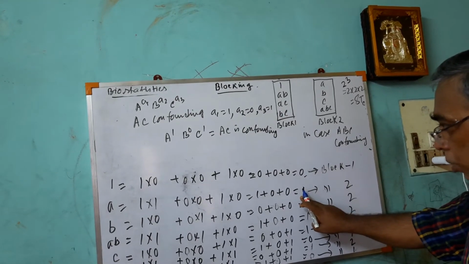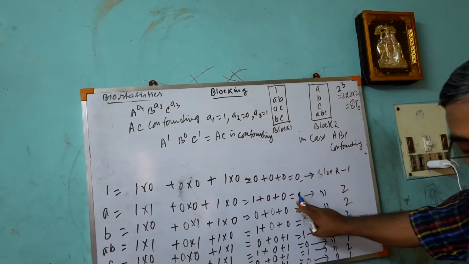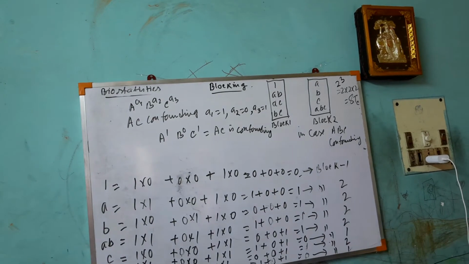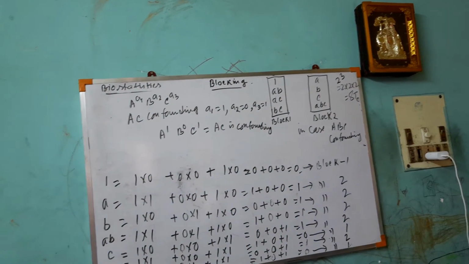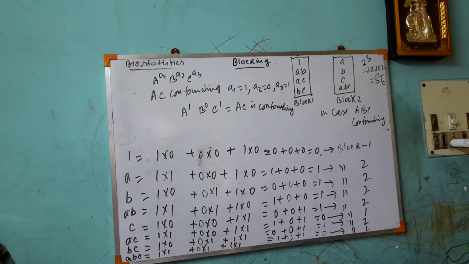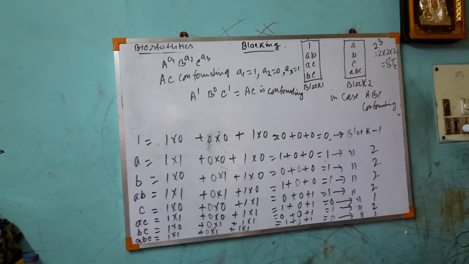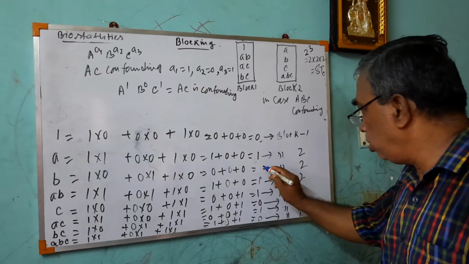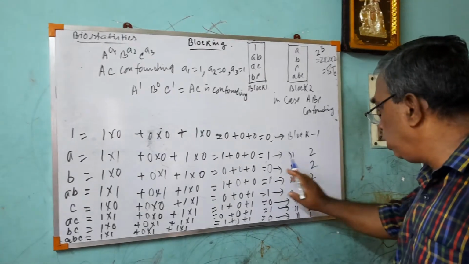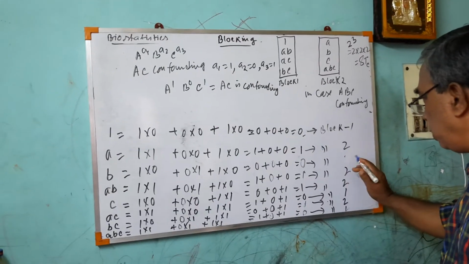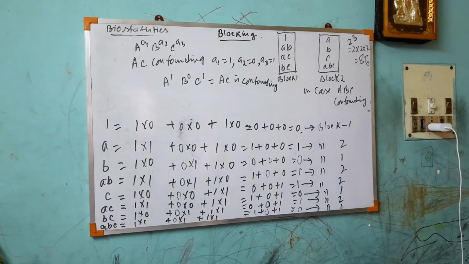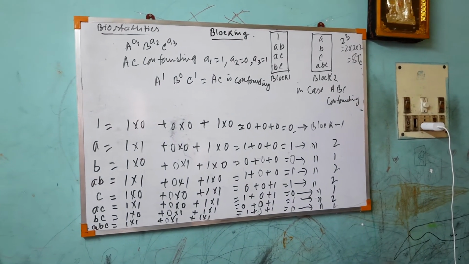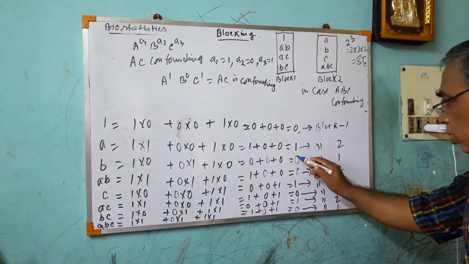1 plus, this is B. Yes, this will be 0. This will be 0. Okay, now it is right. This will be block 1. So now you see, because 0 plus 0 plus 0 all are 0, I did a mistake here.